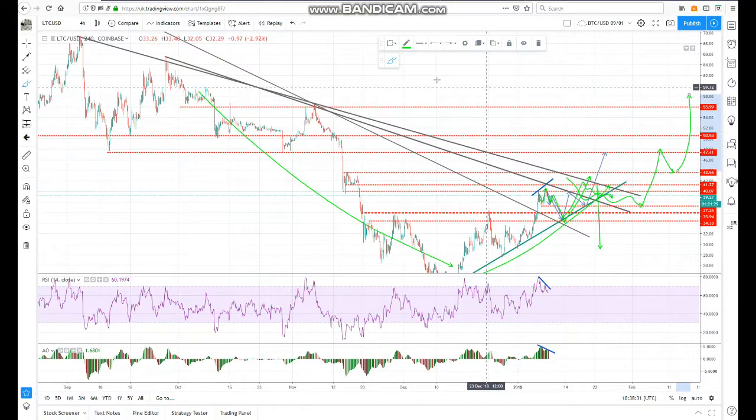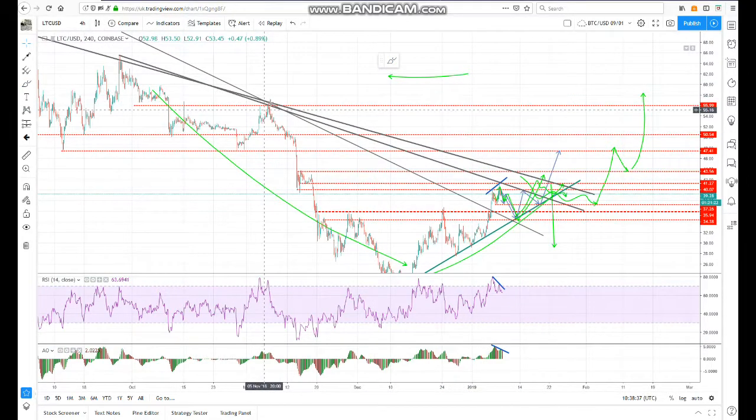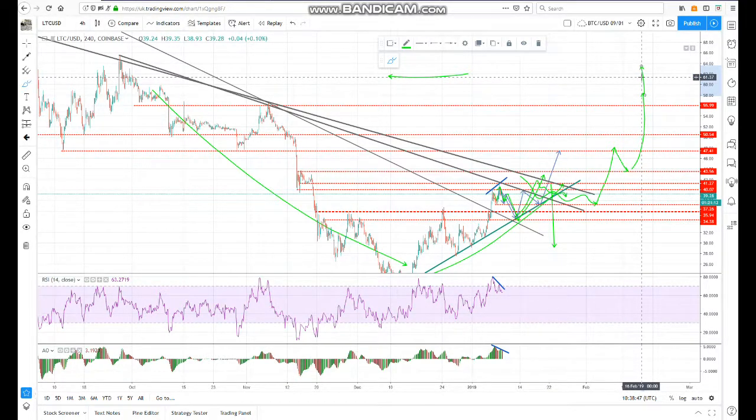So if the price will manage to climb above this top, it's very important. This is very important. If the price manages to climb, that means we already made a new high.